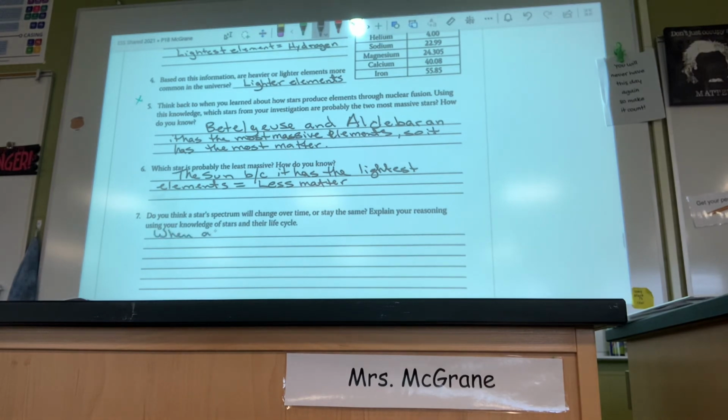When a star ages, it changes what it is fusing in its core.